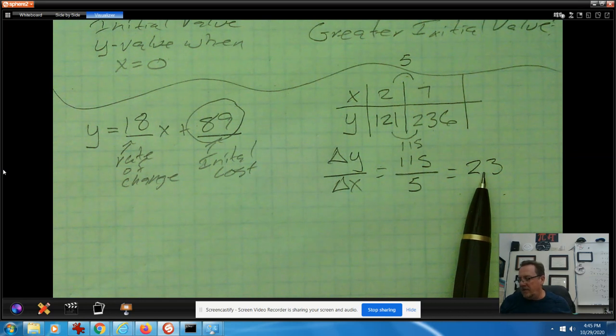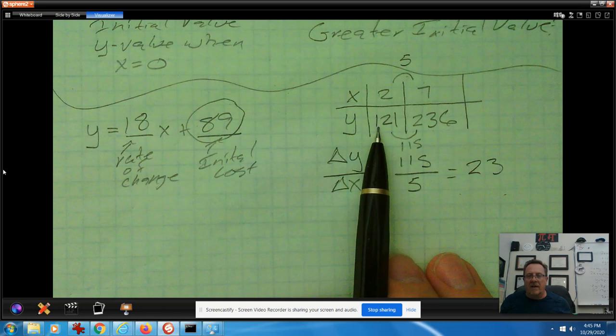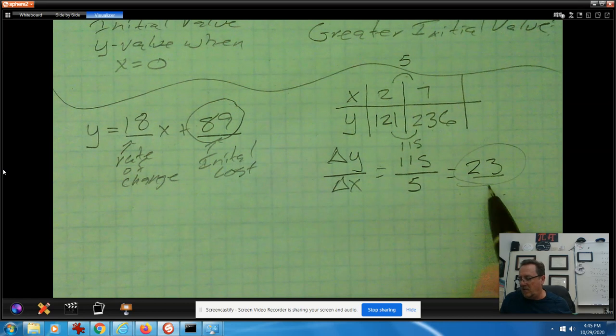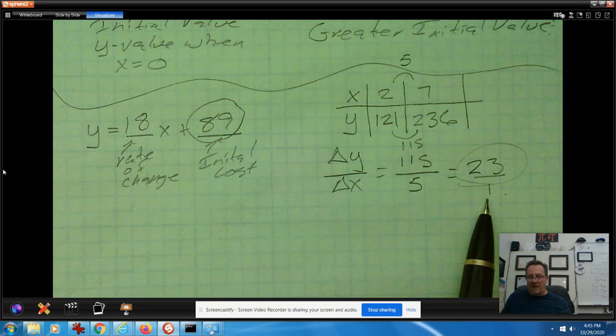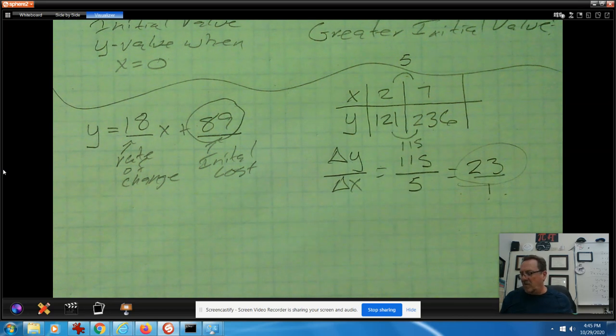How do we use this to find our initial value then? Well, again, we can think of 23 as 23 over 1. And since that's the change in y over change in x, that tells us that for every one change in x, y is going to change by 23. Okay?